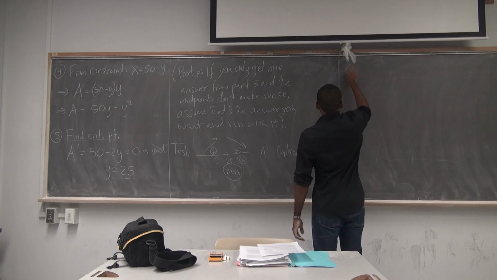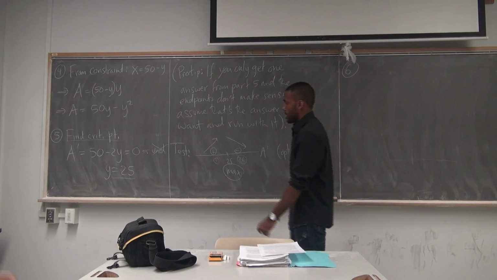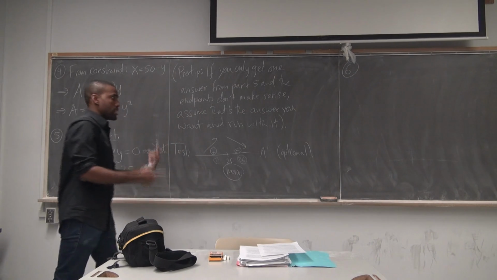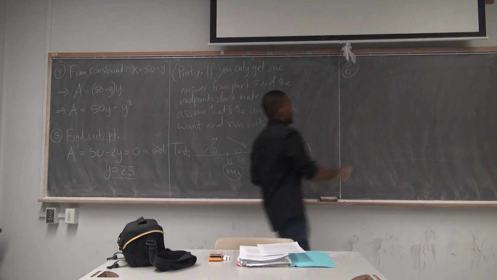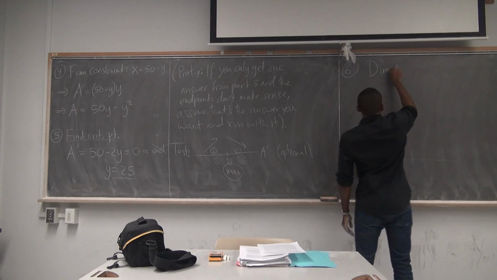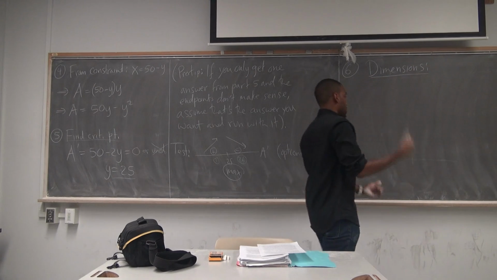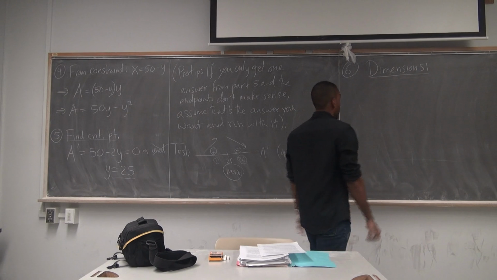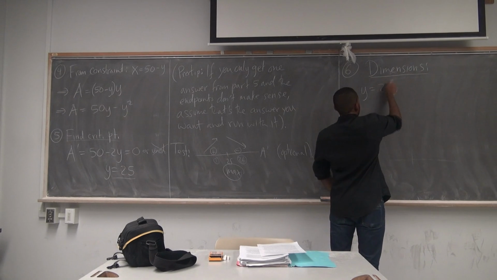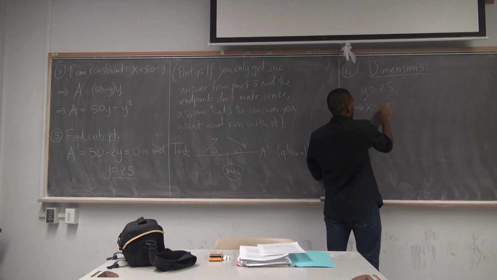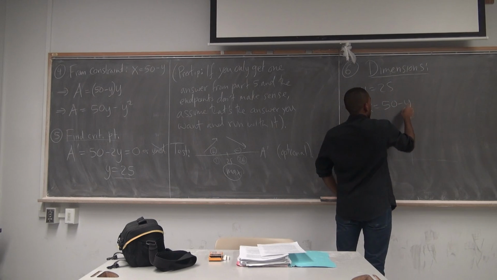So now that brings us to step 6. In step 6, I have to remember what I was asked for. I want the dimensions, which means I want to figure out the length of x and the length of y. Now if y is equal to 25, then my x value, remember it was 50 minus y, so it's 50 minus 25.